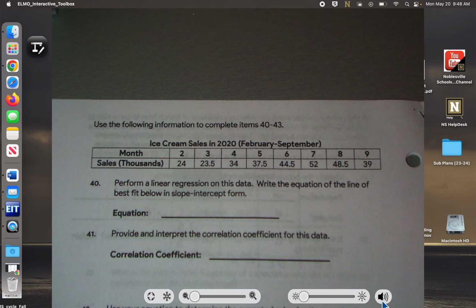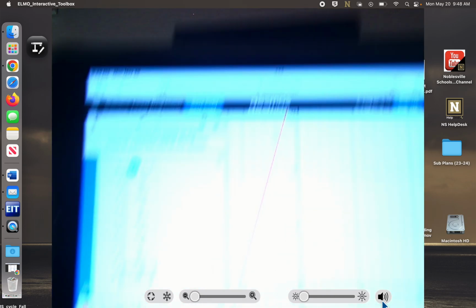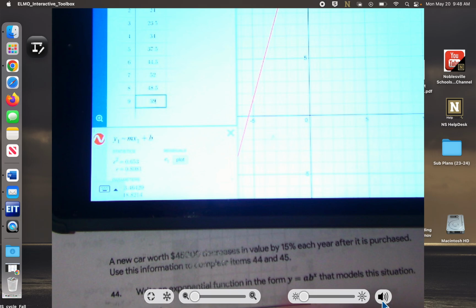So once you have all that in your app, then you remember you look down here.